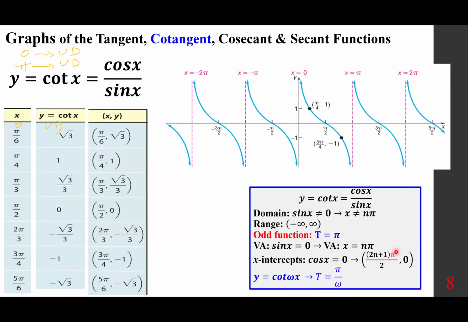So one more time, this is extremely important. The period is pi. So in all of these cases, when the period changes, change this or this to t. That's all. We can figure it out that fast. Okay, replace the pi with t as the period changes. That's exactly the same thing you do for tangent.